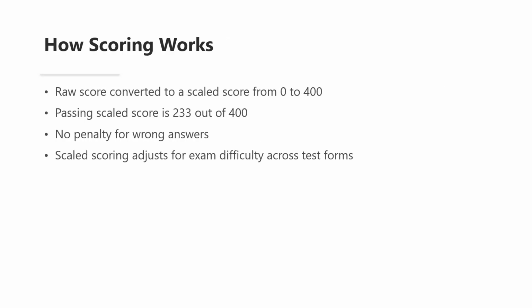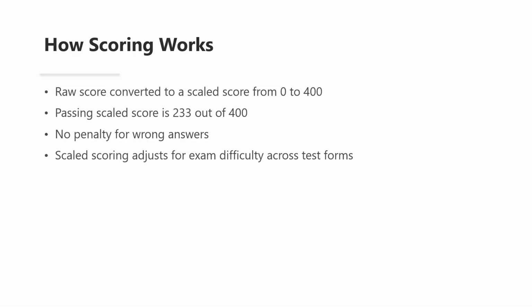Now, I want to take a moment to explain how the scoring works because understanding this can take a lot of unnecessary anxiety off your shoulders. After you complete the exam, your raw score, which is simply the number of questions you answered correctly out of 150 scored items, gets converted to a scaled score on a range from 0 to 400.